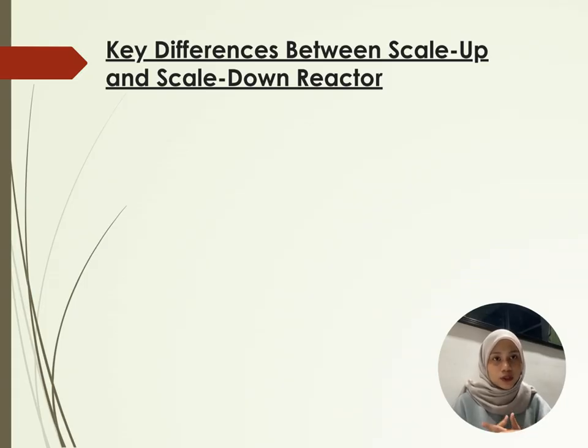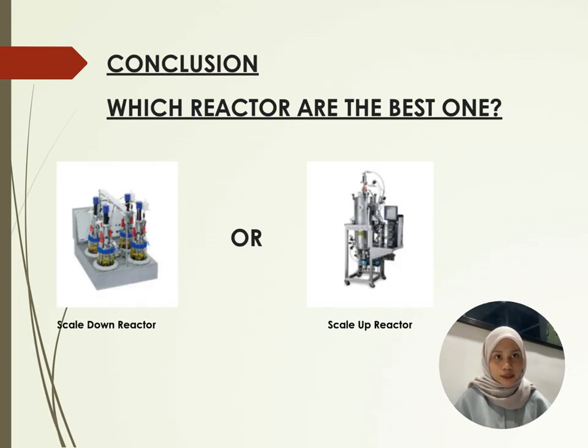Scale-up reactors also have a higher risk of failure because they involve a large amount of material. On the other hand, scale-down reactors are safer for experiments and process improvement. Lastly, modifying the process in a scale-up reactor usually takes more time, while changes can be done more quickly in a scale-down reactor. So, which reactor is the best choice?